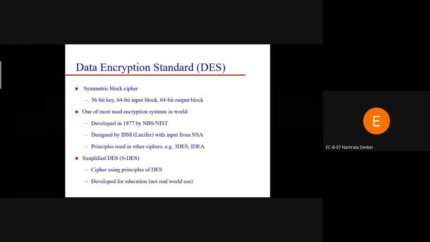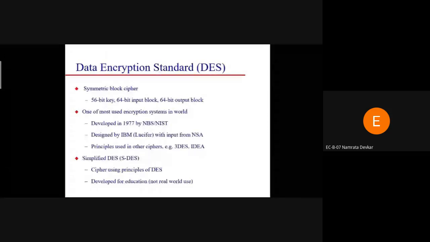Okay, so the next algorithm is the Data Encryption Standard. This standard is called a symmetric block cipher. Why is it called a symmetric block cipher? When an algorithm uses the same key for encryption and decryption, that is called a symmetric block cipher, or a symmetric algorithm.